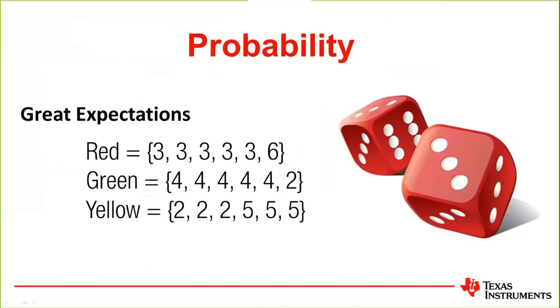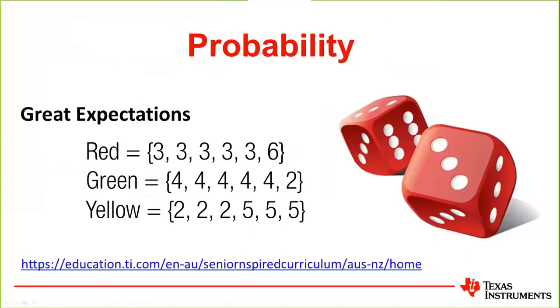So one of the good things about this, apart from just doing something a little bit unusual, is that it tells the students it's not always the expected value that's going to help us solve a problem. It seems to be the go-to for a lot of students, but it's important that they understand what is the expected value telling you about the probabilities. And there's a link down the bottom of the screen for the Senior Inspired Curriculum.